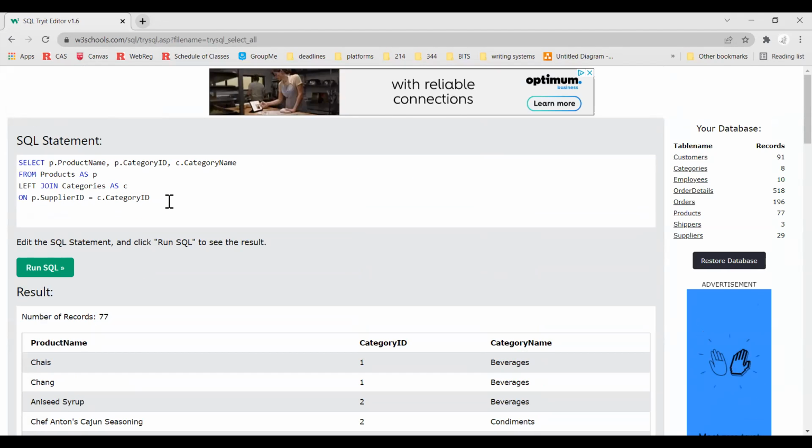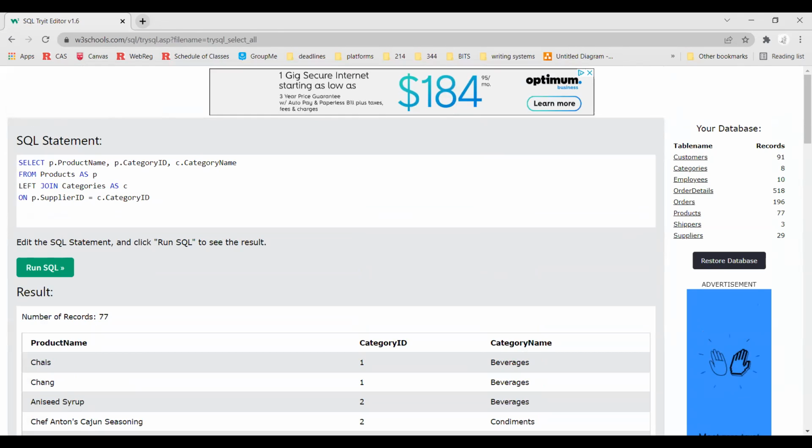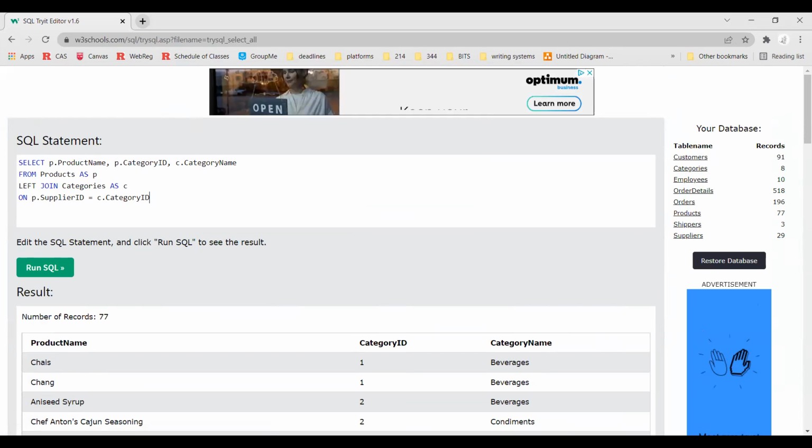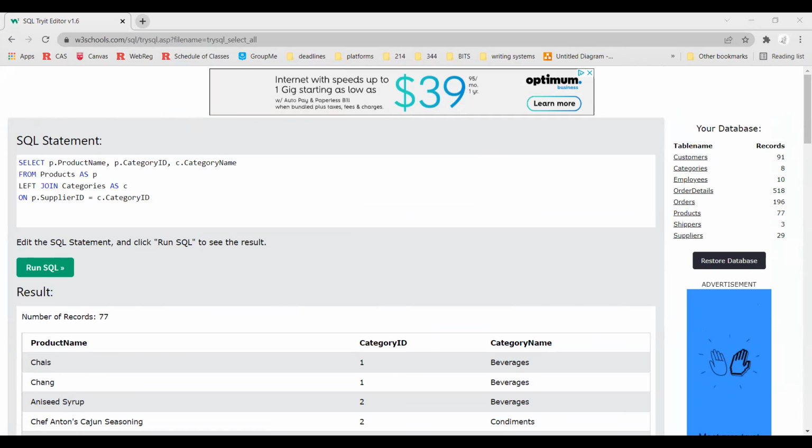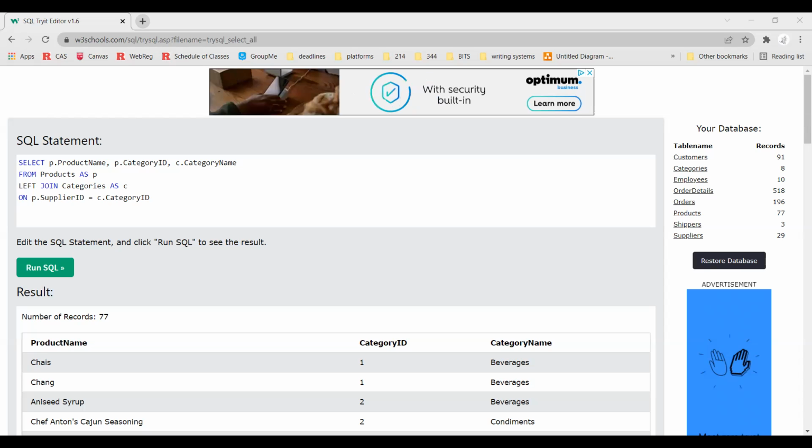Now, if we wanted something a little bit more proper, can anyone tell me what the query would be to return all the products with suppliers? So what's the overlapping key between suppliers and products?